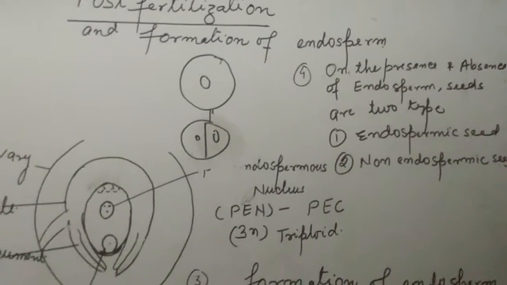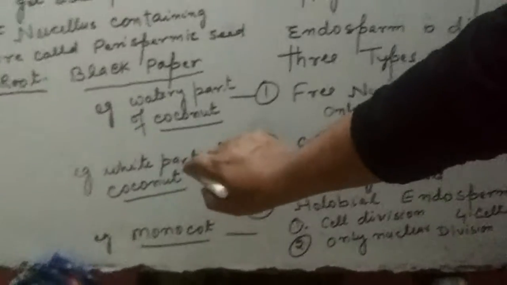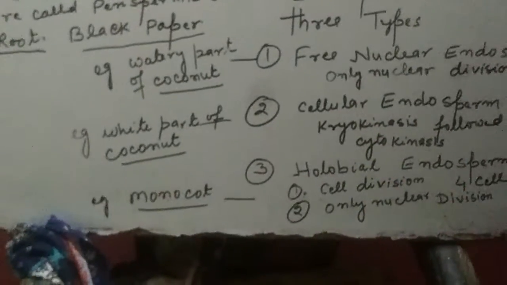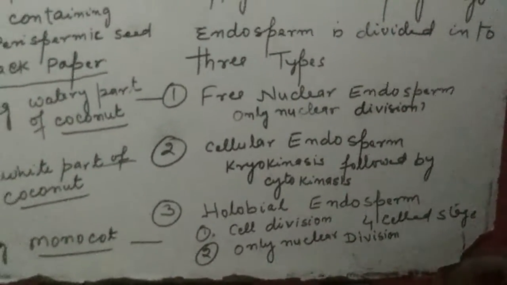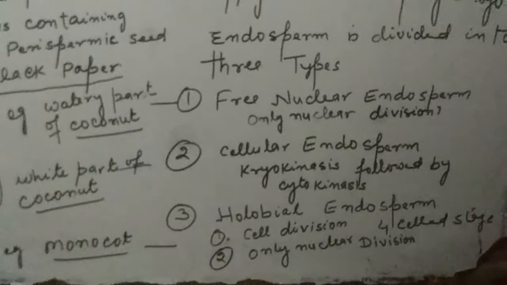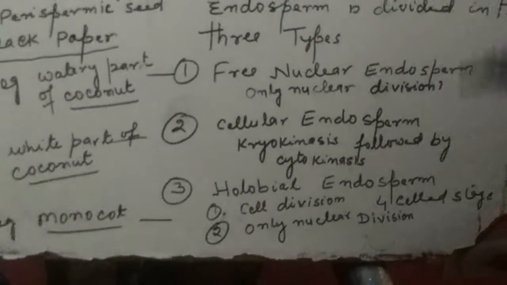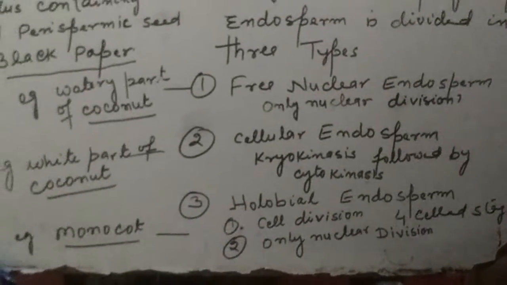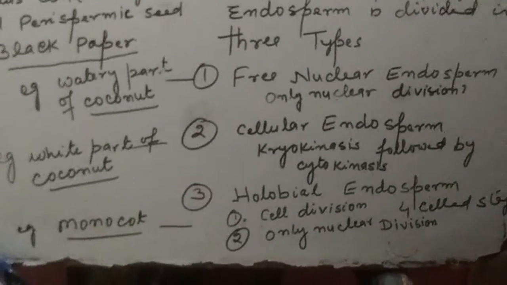That type of endosperm is present in the solid whitish part of the coconut. It is basically called the cellular endosperm. Firstly karyokinesis and then cytokinesis. The nucleus divides first, then forms cell walls all around, and finally forms individual cells.